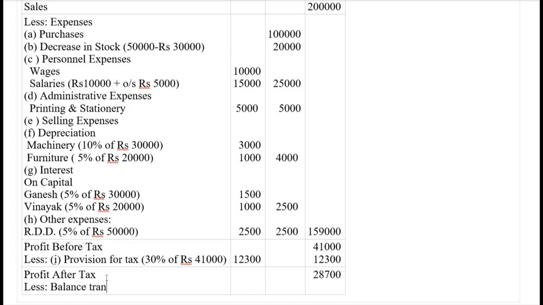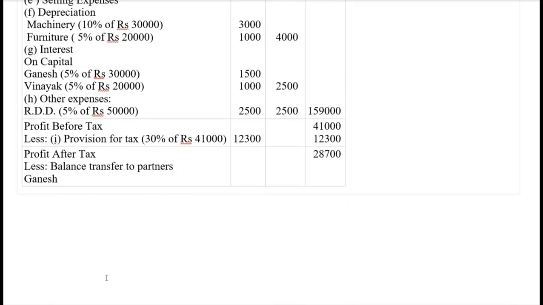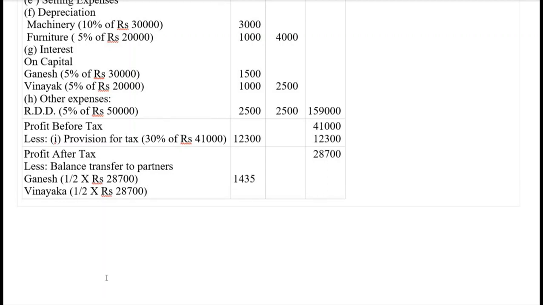Then from this we should deduct balance transferred to partners. There are two partners, Ganesh and Vinayak, and their profit sharing ratio is equal. So 1/2 multiplied by rupees 28,700 gives 14,350. Similarly for Vinayak, same ratio, 1/2 multiplied by 28,700 is 14,350.